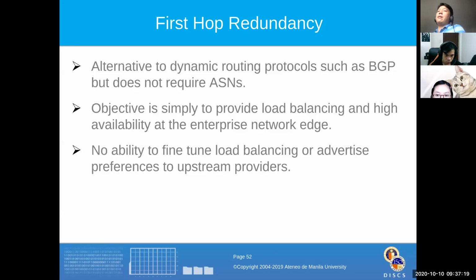First hop redundancy is simply if you have more than one or two ISPs, you connect them to your router, it will simply say route traffic through one link, it comes back through that one link. Route traffic to the other link, it comes back through the other link. So it's a very crude way of routing, but it is actually good enough for home use cases.